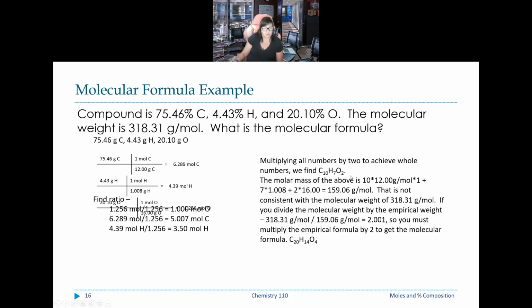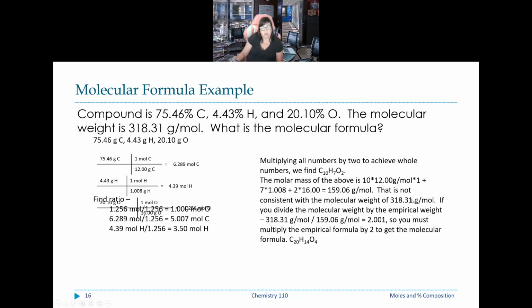So C10H7O2. The molar mass of this thing right here is 10 times the carbon, which is 12, plus 7 times 1.008, plus 2 times the 16, which is 159.06 grams per mole.